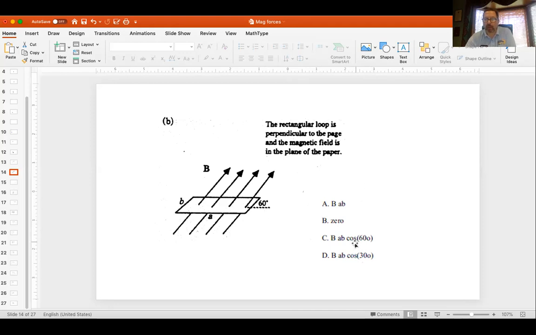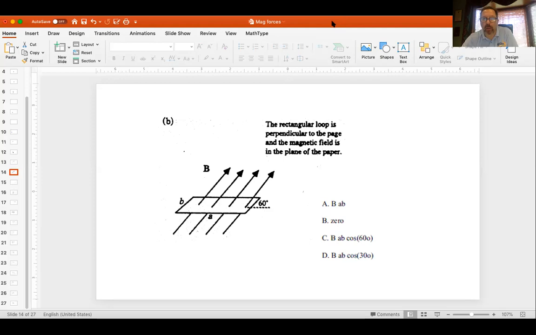Because in the equation for flux, let me put this away for just a second. I need the annotate bars. I've got two toolbars going here, and there it is. I move it that way.